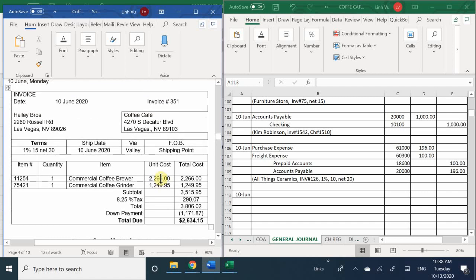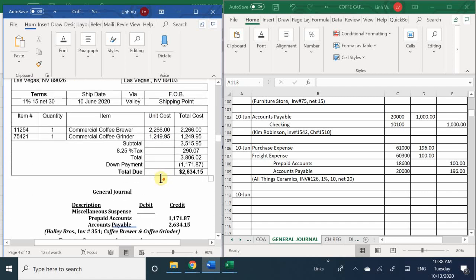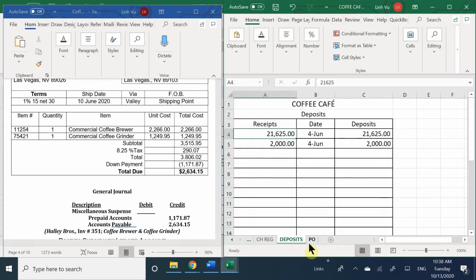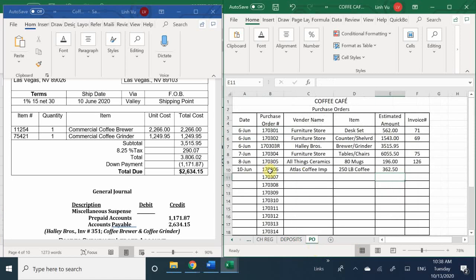But before that, we need to make sure that we also receive the coffee brewer and coffee grinder. So let's go ahead and find that coffee brewer and coffee grinder.